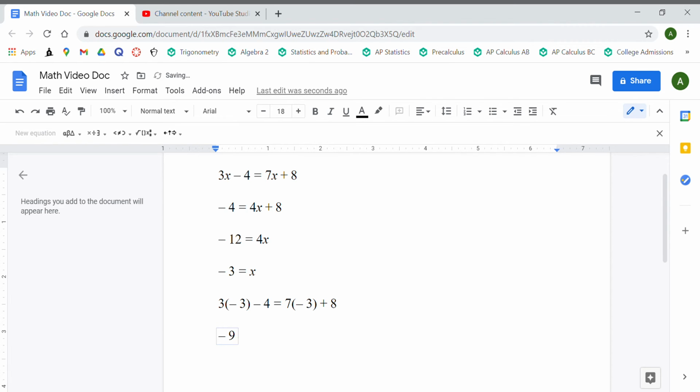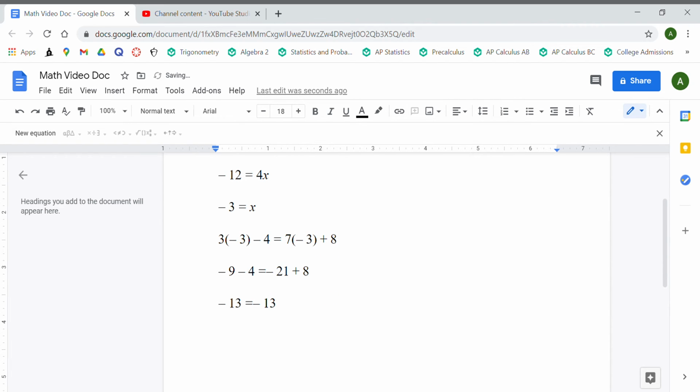So we have -9 minus 4 equals -21 plus 8. -9 minus 4 equals -13. -21 plus 8 also equals -13. Yay! Our method works.